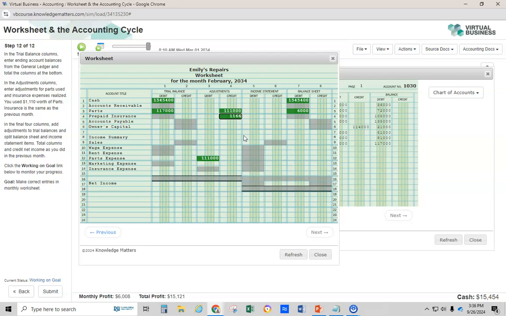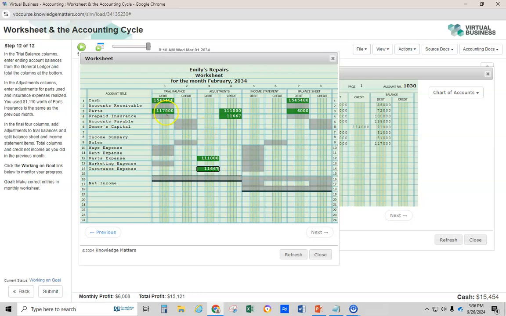Uh-oh, I put in too many. I wasn't supposed to put in all those zeros. So the corresponding insurance expense, because for every debit we have a credit, every credit we have a debit, that's double entry accounting. So I'm going to type that in down here.